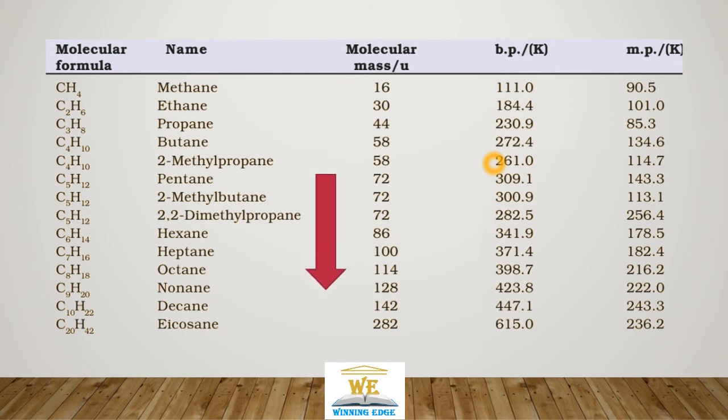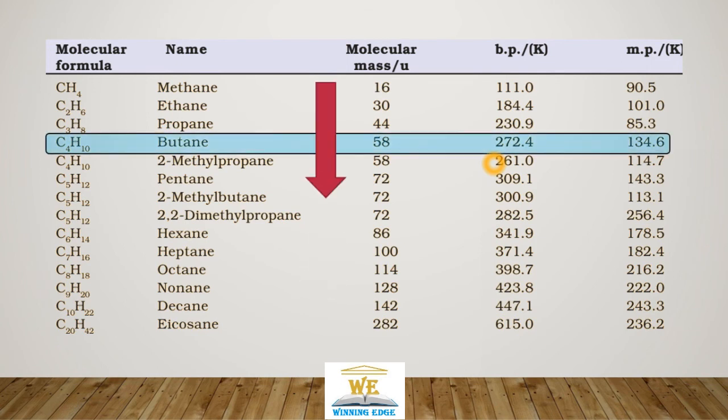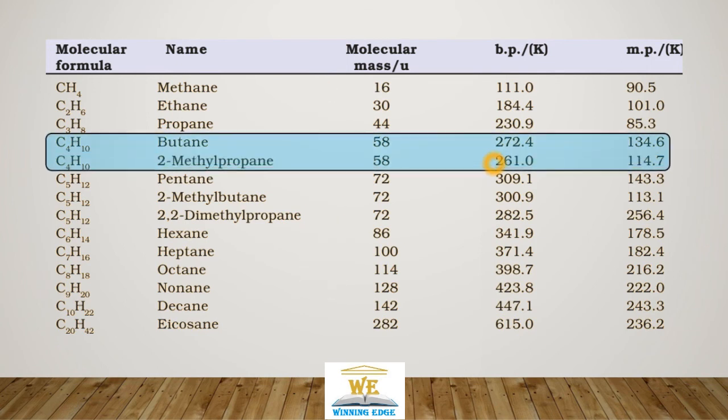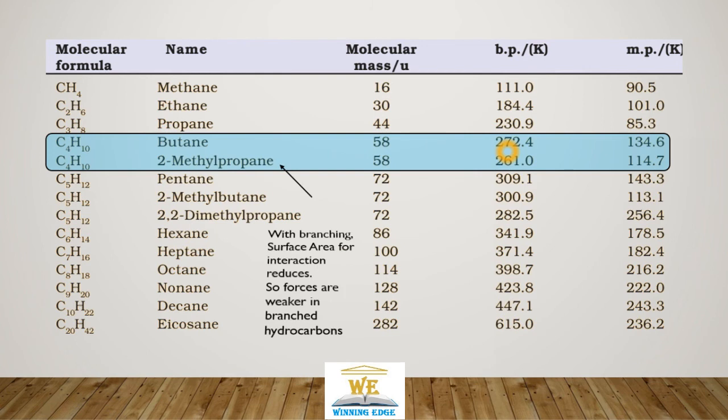But here, we saw that for the same molecular weight compound, the branching results in lower boiling points because branching will make the structure more or less spherical in shape and it weakens the van der Waals forces of attraction. The same goes for the other compounds.